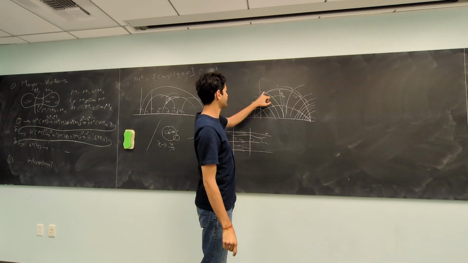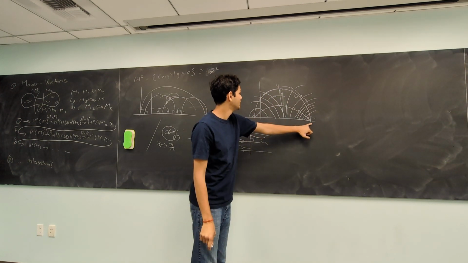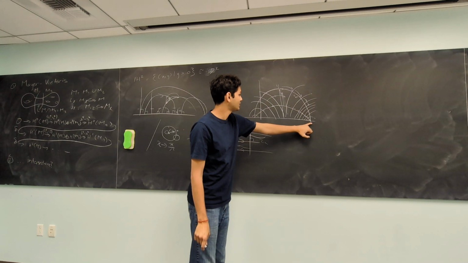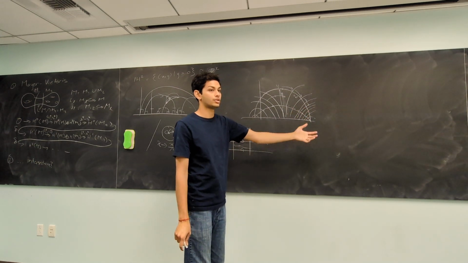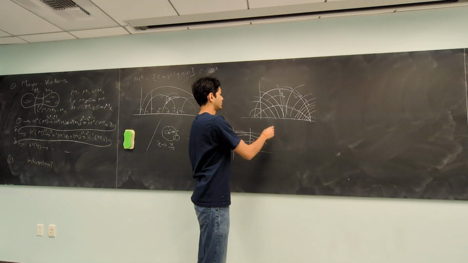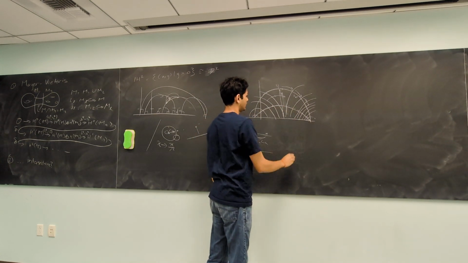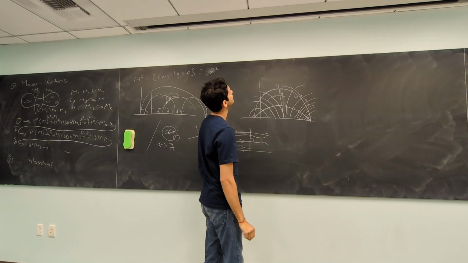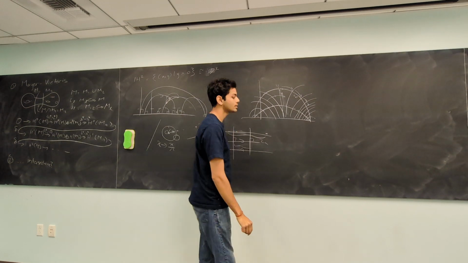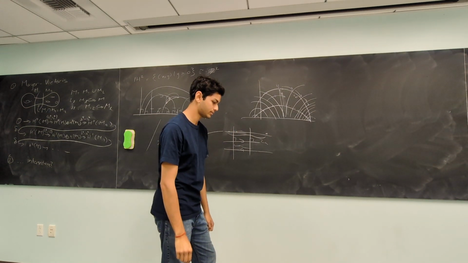And so since it preserves the circle, it fixes these two endpoints. And that means that because circle inversions also fix circles, it also has to send this circle to itself.